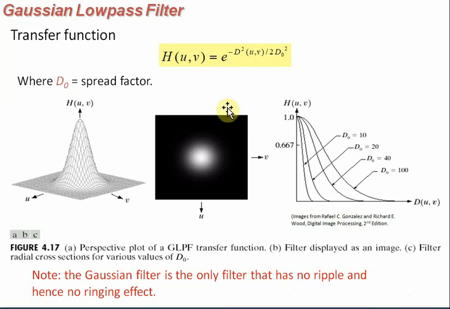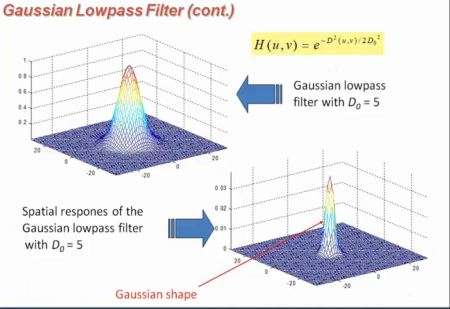Based on this nature, now observe the Gaussian low pass filter with D naught 5. This is nothing but the h of x comma y for the H of u comma v. Observe this one. There are no ripples in this, so it is a smooth, flat surface.